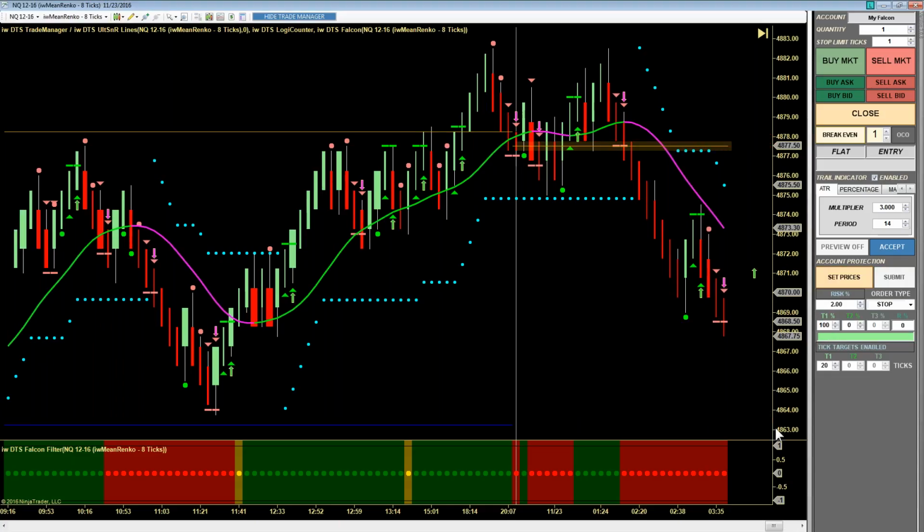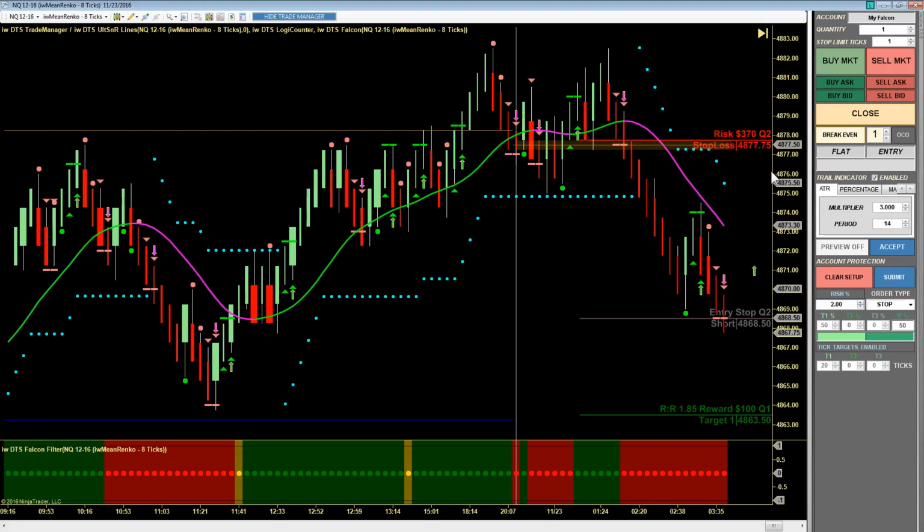I'm going to change my profit objective to only 50%. I'm going to take half off at target 1, and I'm going to leave the other half in as a runner. So you see how Trade Manager is going to format my trade. So I'm going to set up my stops like this.